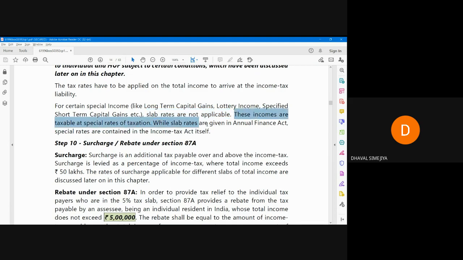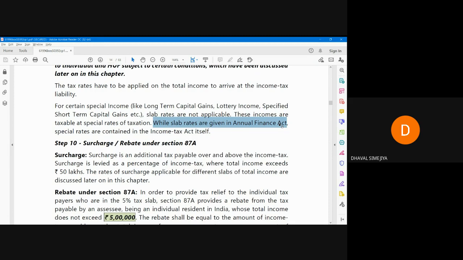These incomes are taxable at special rates. While slab rates are given in the Annual Finance Act, special rates are contained in the Income Tax Act itself. In the budget, slab rates will be differentiated.